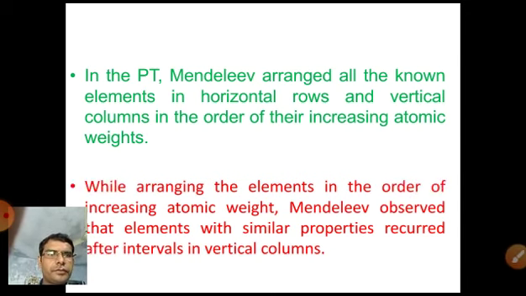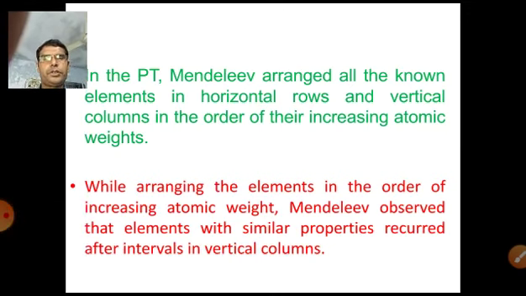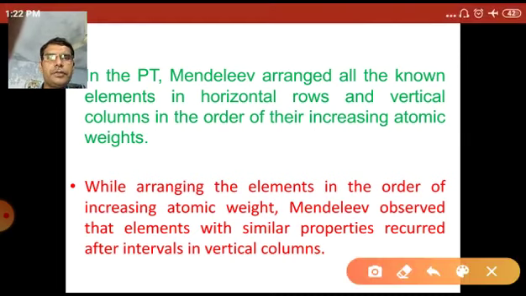Now, what is the Mendeleev periodic law? While arranging the elements in the order of increasing atomic weight, Mendeleev observed that elements with similar properties recurred or repeated after intervals in the vertical column.